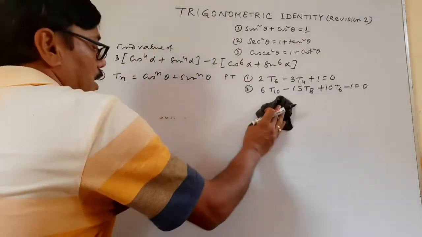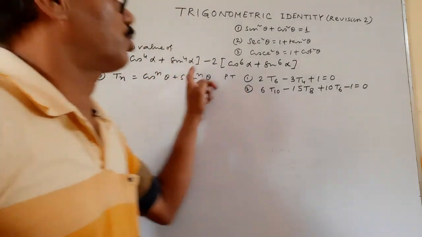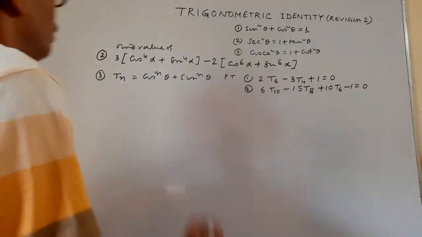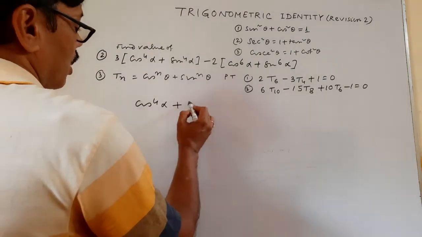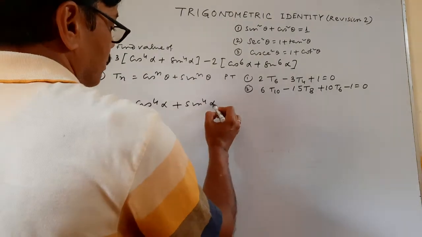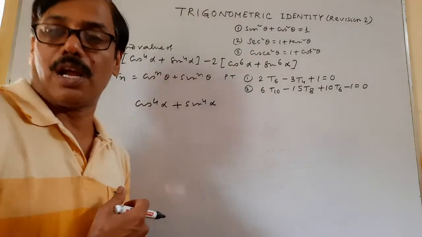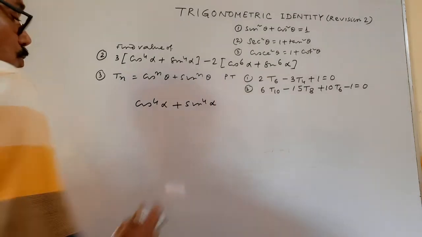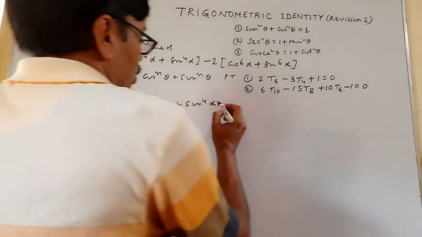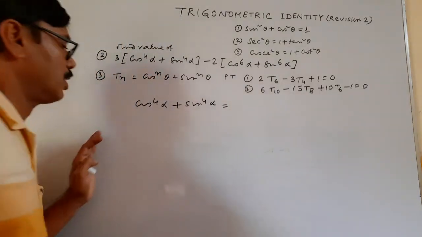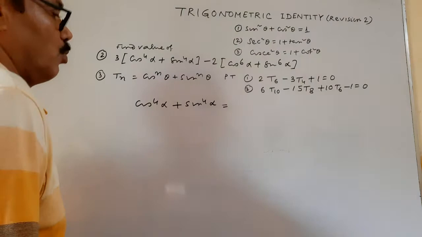Now, if it is an even power, 4 or 6, then look, we have already solved this type of problem in class 10. So, cos to the power 4 alpha plus sine to the power 4 alpha. Our main aim is to use the result sine square theta plus cos square theta equals 1.